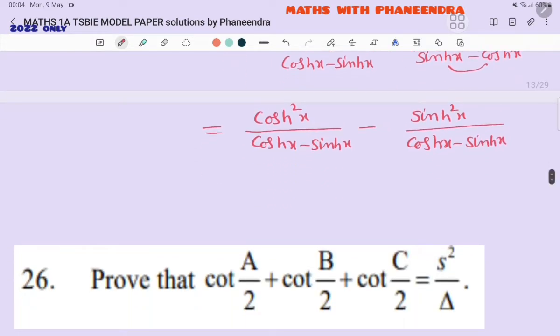So the denominator is the same, you can take the LCM, cos hx minus sin hx. So cos h square x minus sin h square x.